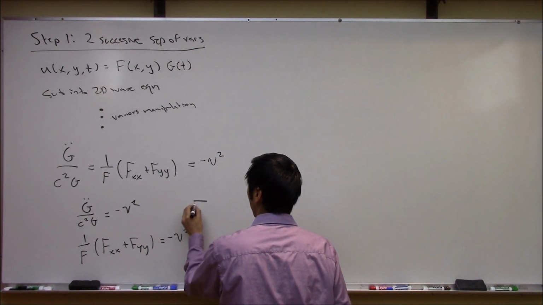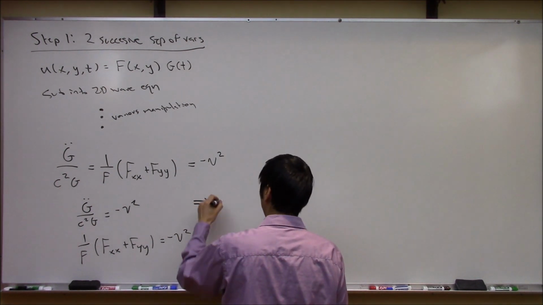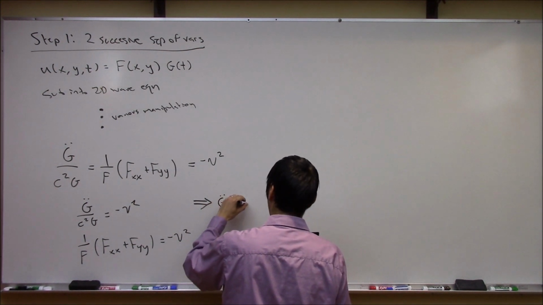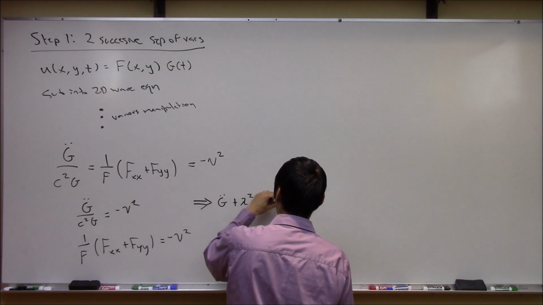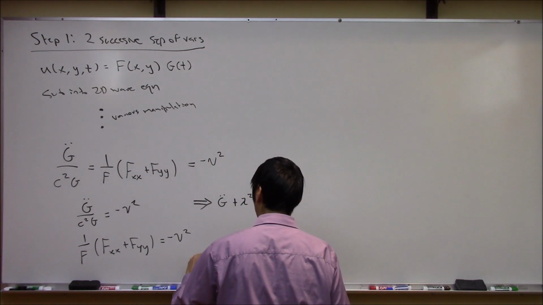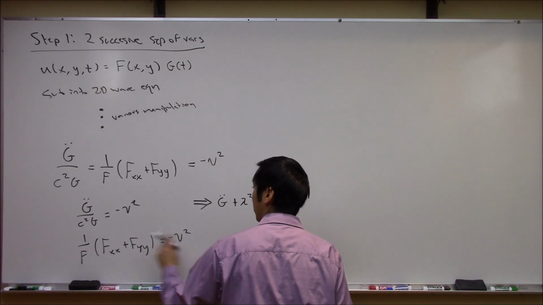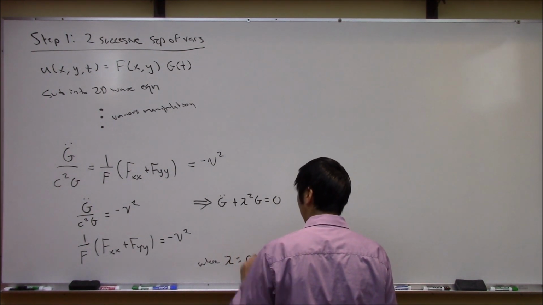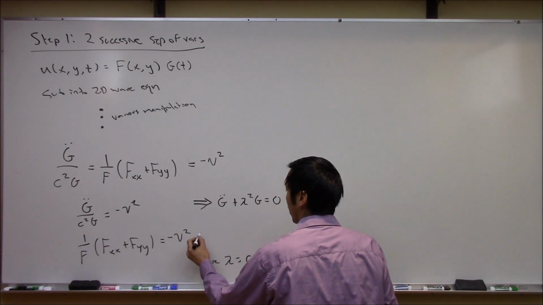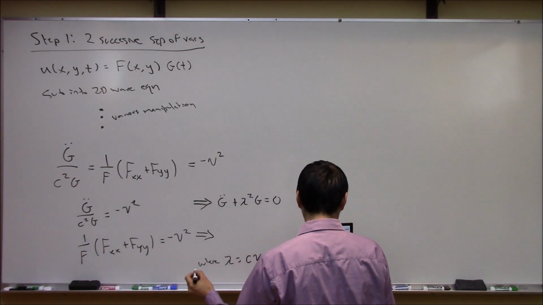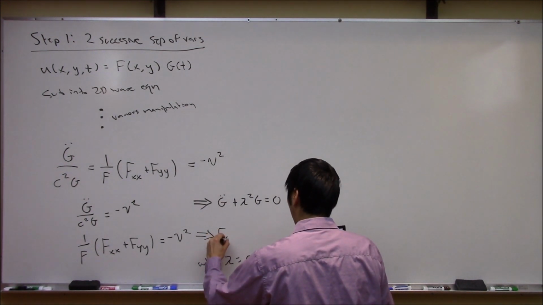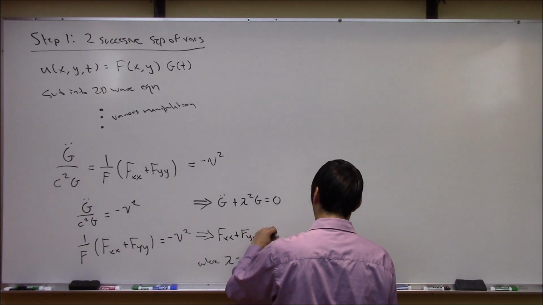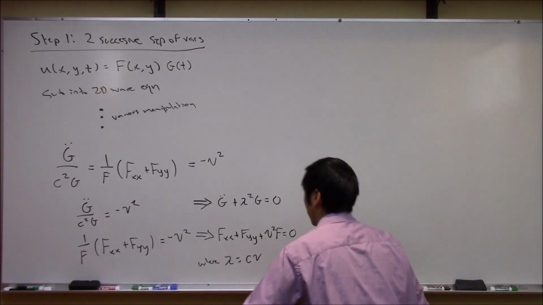This first ODE, we can rewrite as g double dot plus lambda squared g equals 0. In this case, lambda is just some combination of c and nu; in fact, it's just c times nu. And then this one down here, we can rewrite as f_xx plus f_yy plus nu squared f equals 0.